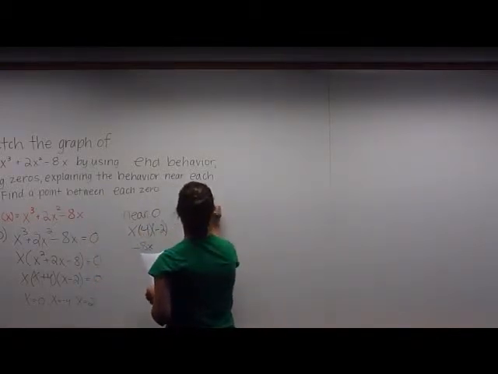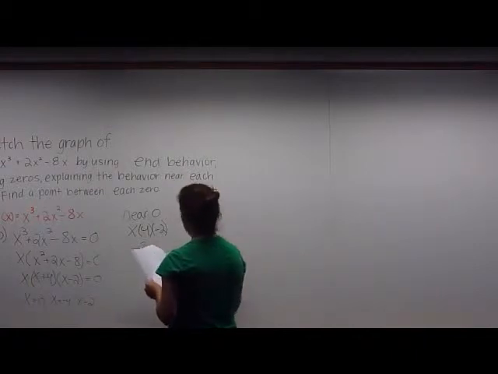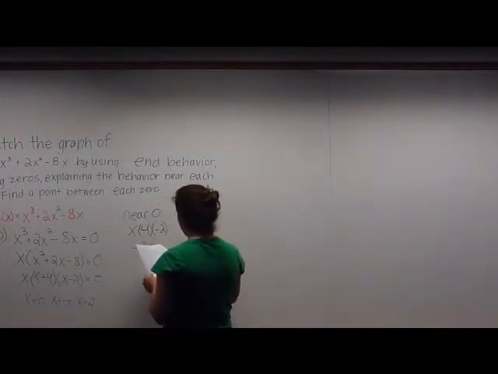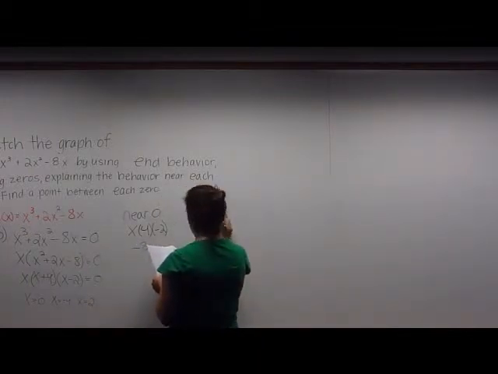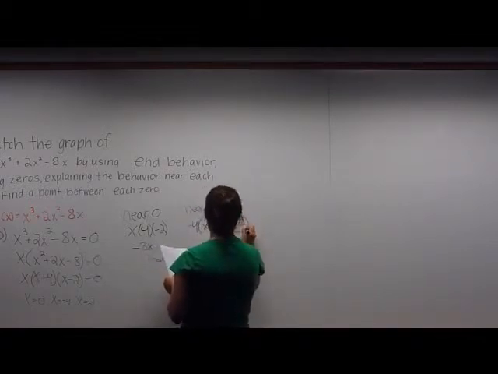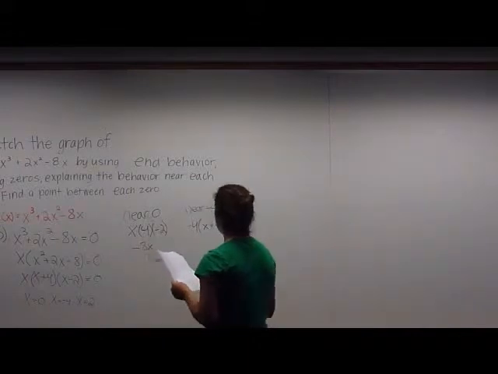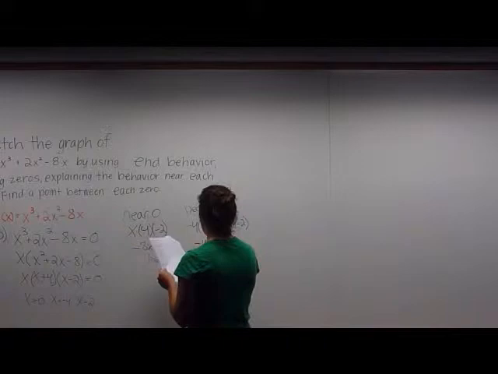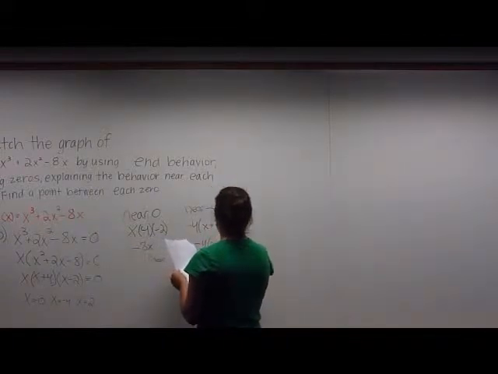The next 0 is negative 4. So we will find the behavior near negative 4. You plug in negative 4, giving you negative 4, x plus 4, negative 4 minus 2. You add what's in parentheses first, so negative 4 times x plus 4 times negative 6.